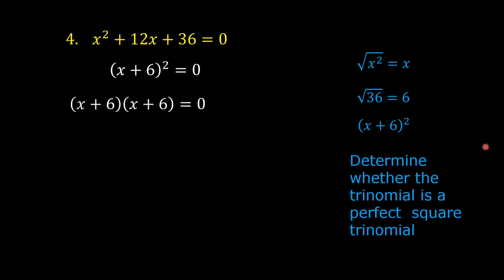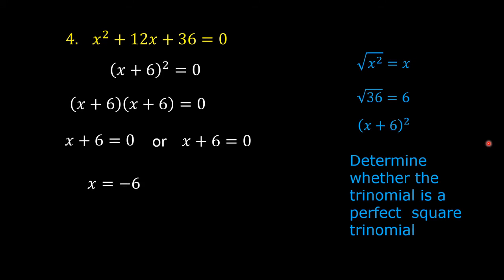This can be written as (x + 6)(x + 6) = 0. Then equate its factors to 0. x + 6 = 0, or x + 6 = 0. Solve for x. Transpose positive 6 to the other side, changing its sign from positive to negative.